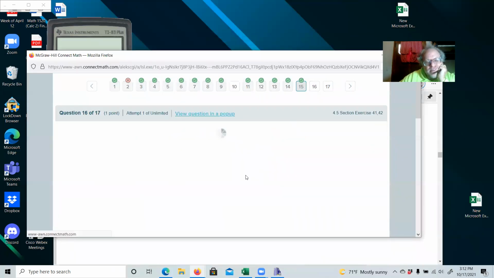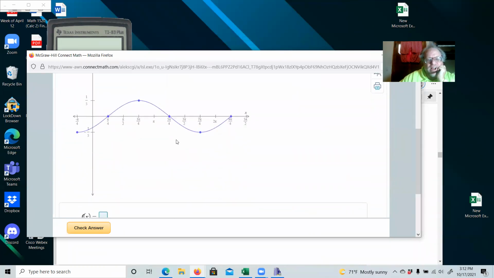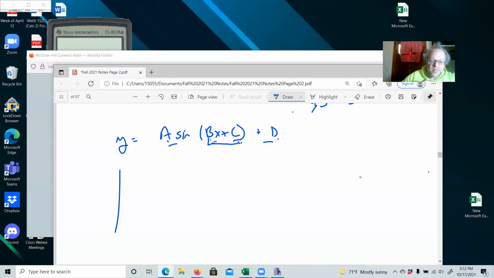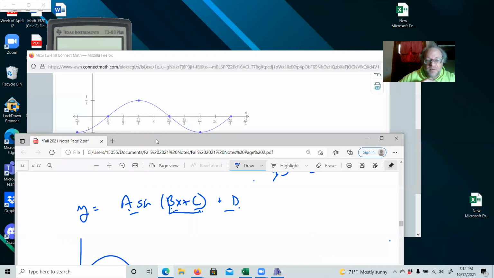Okay, 16 here. Write a function a sine bx minus c for the given graph. All right. So you know that sine starts, right? Where does sine start? It starts like that. So anytime I get a point like this one where I can identify the start of a sine wave, that's where I want to look.